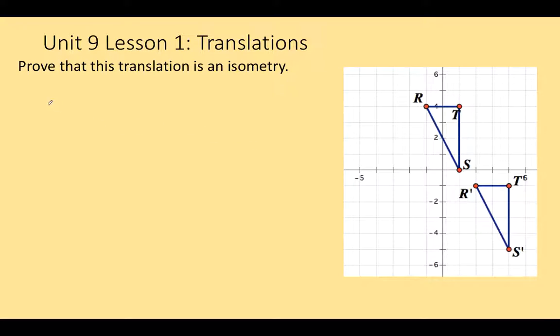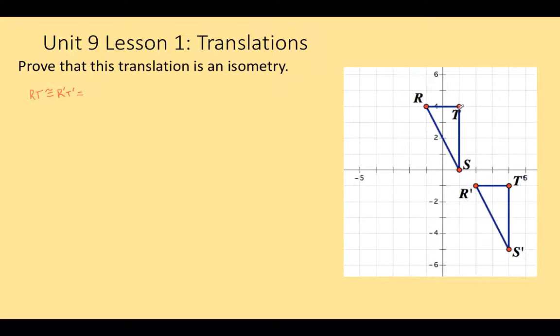Well, one way that you can prove that they're congruent is using SSS. And while all we have here are some triangles on a grid, we don't actually have any markings like we traditionally do. We can still prove this using SSS if we know the distance. Well, we can say that RT would be congruent to R prime T prime because both of these are 2.